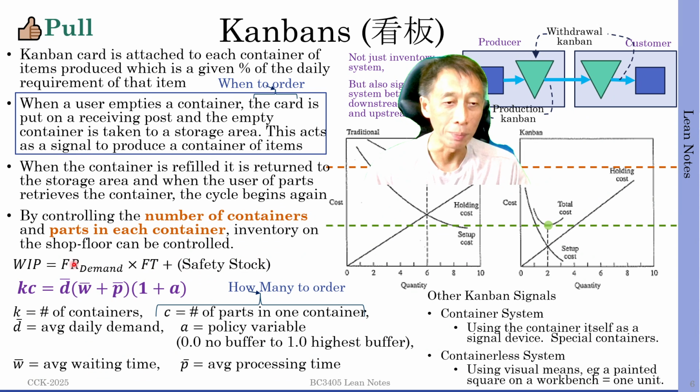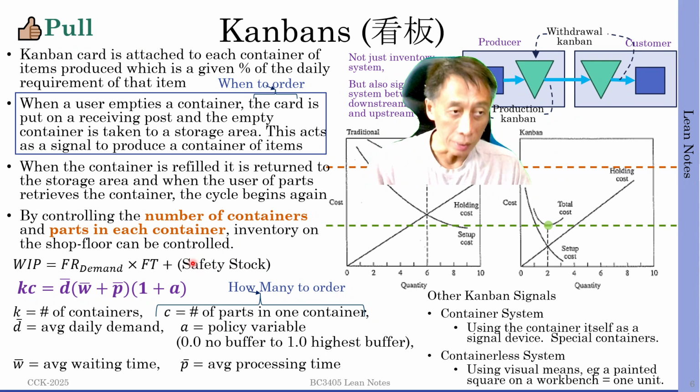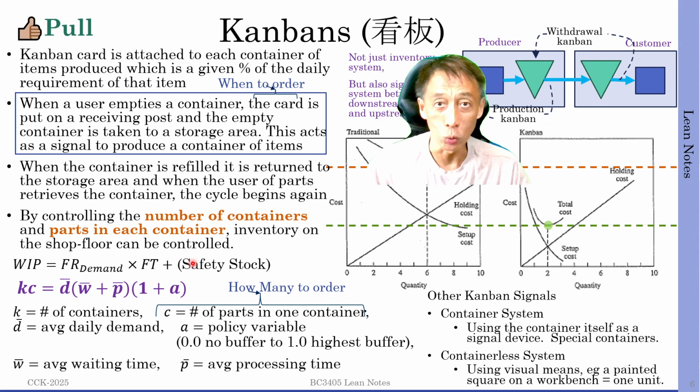And the way it goes is based on Little's law, right? So the overall inventory is the flow rate times the flow time plus some kind of safety stock. This safety stock is going to be the buffer to cushion against fluctuations against various things, not only demand, but including demand fluctuations, and also other things.